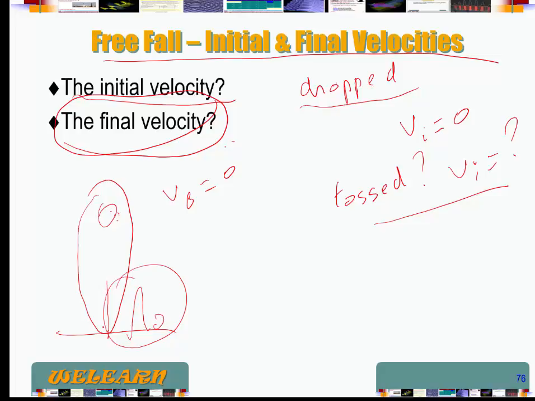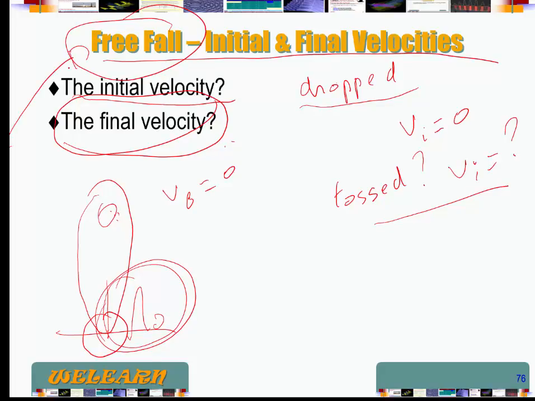That's the final velocity, when it is about to touch the floor. Subsequent motions are different problems, not part of the free fall. There is another force that acted here from the floor on the ball that made it not a free fall anymore. So free fall is from the instant it is here till just before it got touched by the floor. So final velocity is a quantity that we are going to need to find.